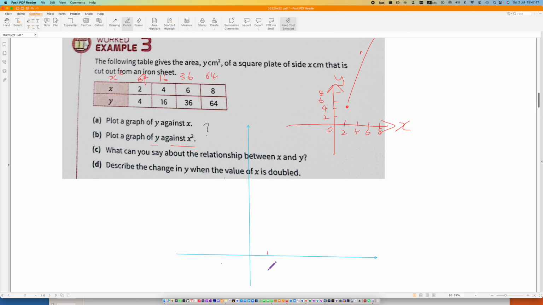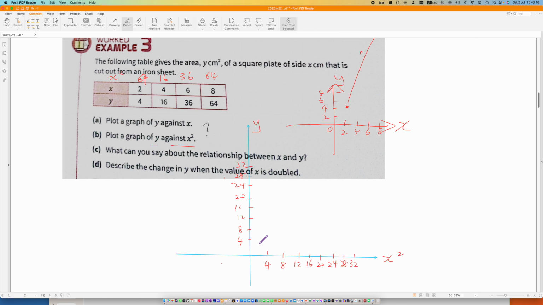Maybe we start off with 4, 8, 12, 16, 20, 24. Same thing, 4, 8, 12, 16. This one is x squared, this is y. Then continue 20, 24, then 28, 32.